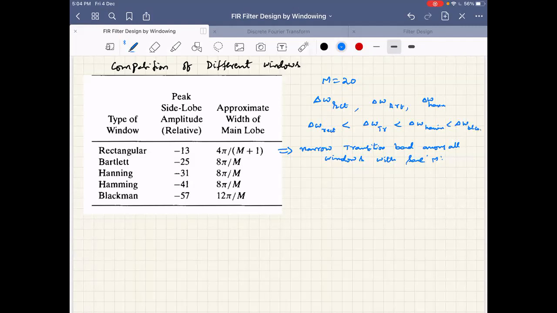So for a given m, because the main lobe width is smaller for the rectangular window, the transition bandwidth is also smaller, as it is proportional to main lobe width.